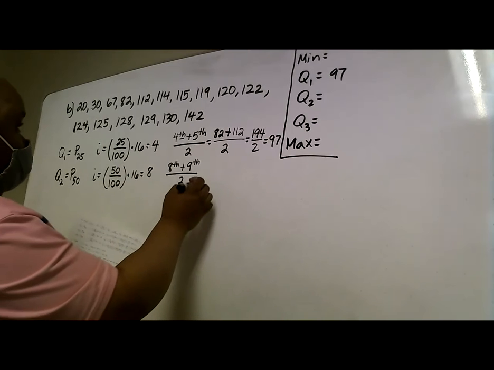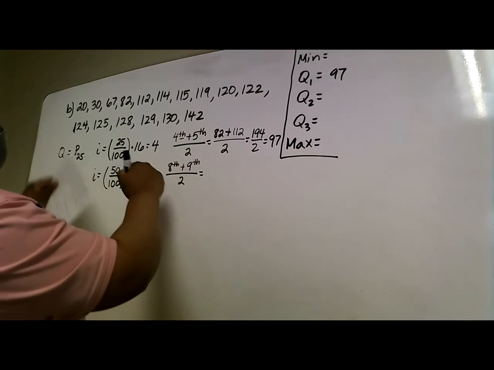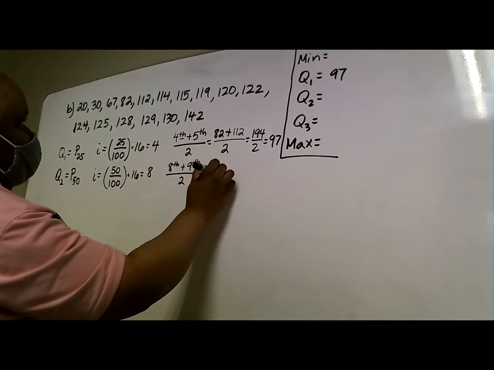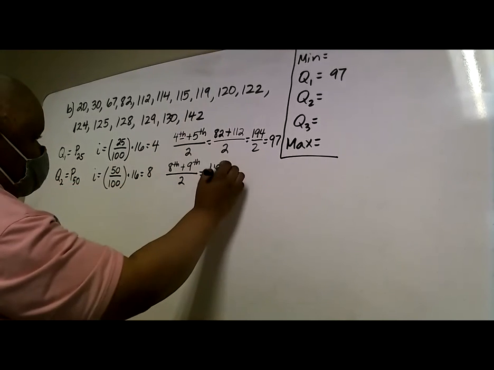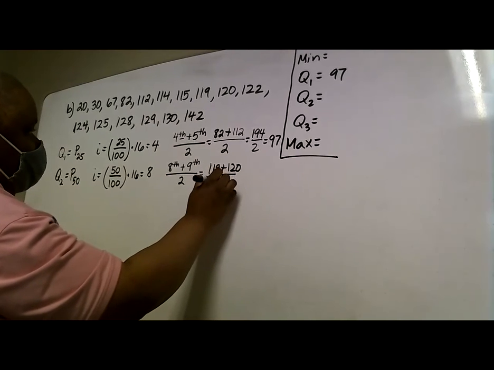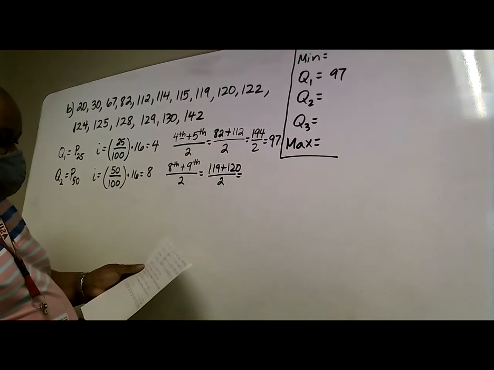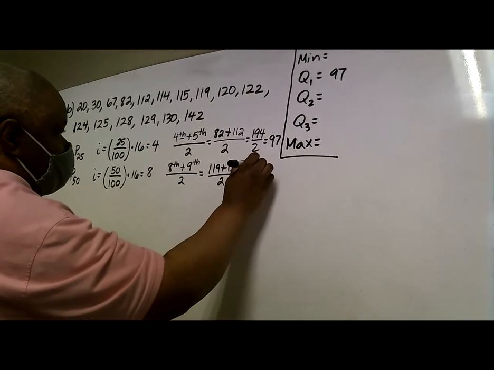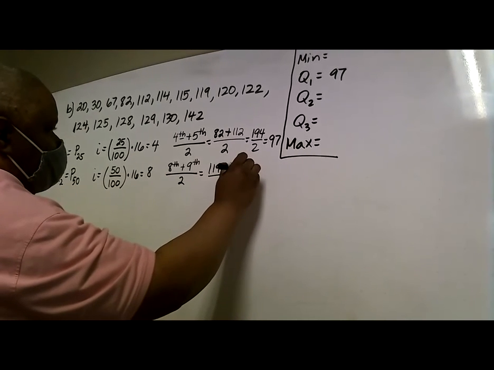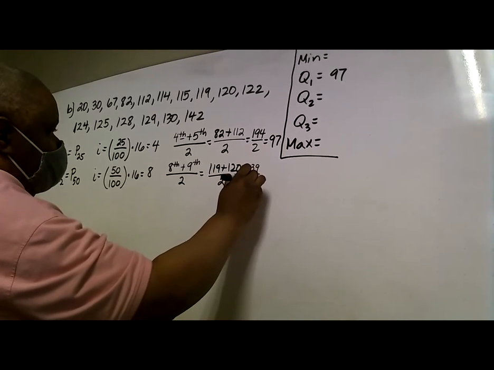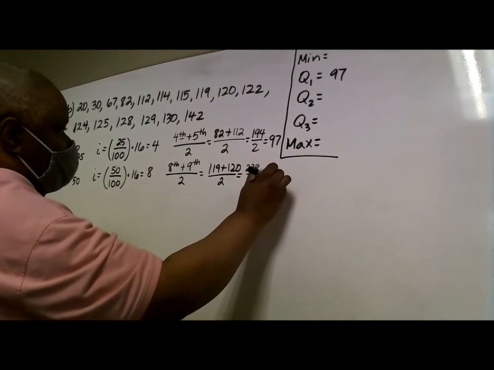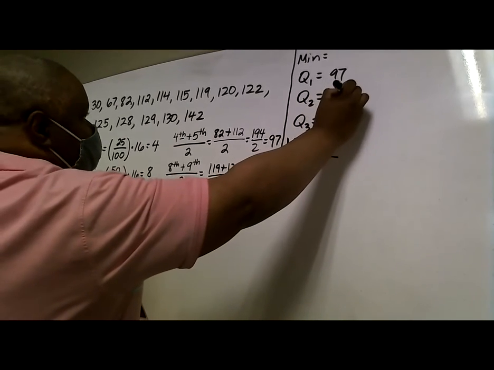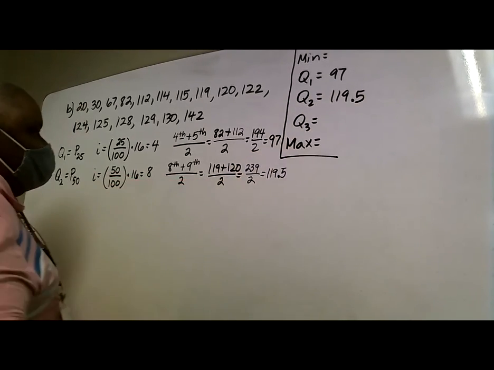The 8th number is, that's 2, 4, 6, 7, 119, plus the 9th is 120. So 119 plus 120 is 239, and then 239 divided by 2. Here, Q2 is 119.5.